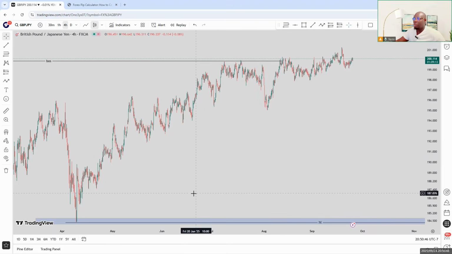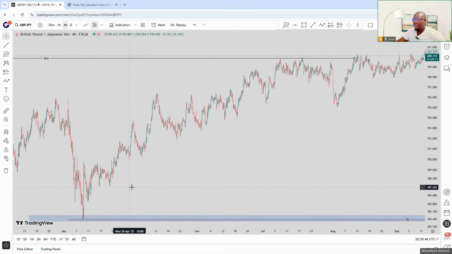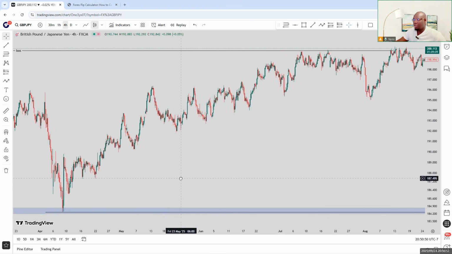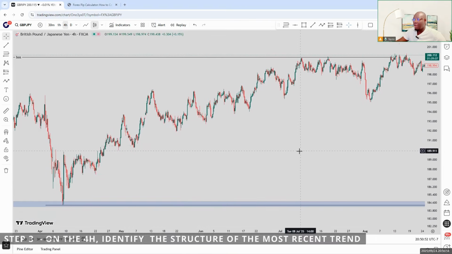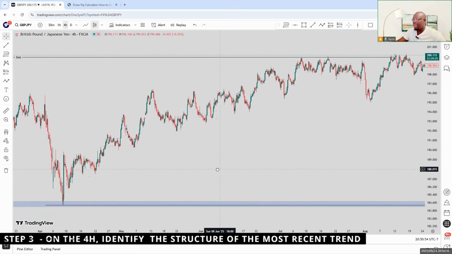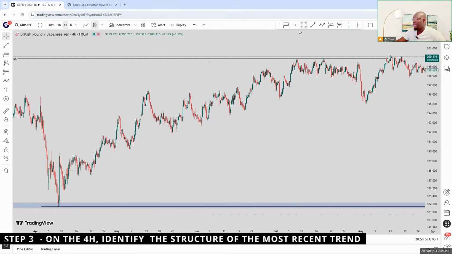So let's go on the 4-hour time frame right now. Let's identify the major structure. Remember that everything we want to identify is the major structure. So we have low, high, higher low. You can see the market refused to break this level right here, and the market made a smaller one.